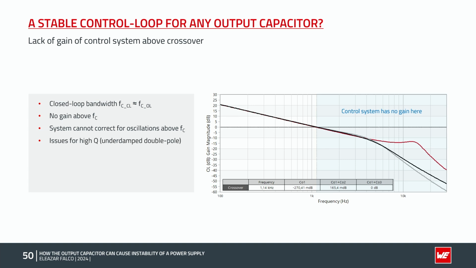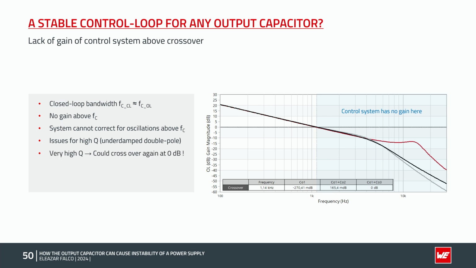If these resonances are well damped, so a low quality factor, then there will be no problem. But if not, ringing will appear, and this is exactly why it was recommended to select the crossover frequency around 3 times higher than the double pole resonance frequency.